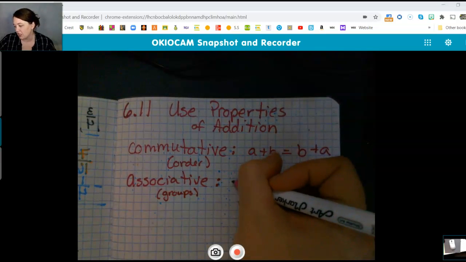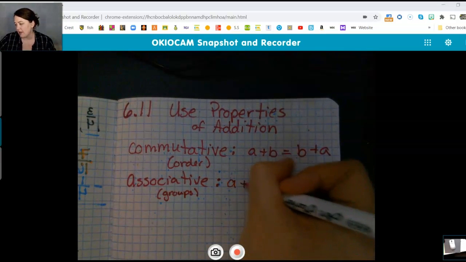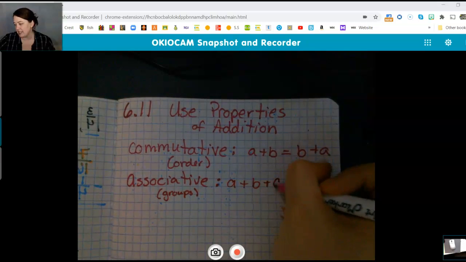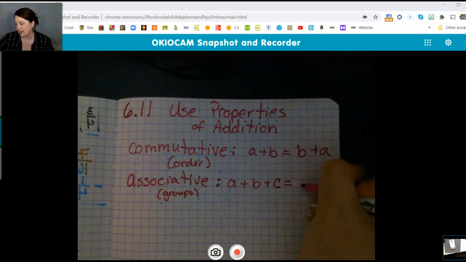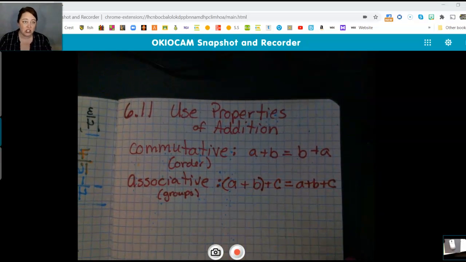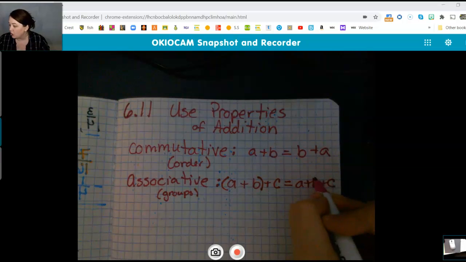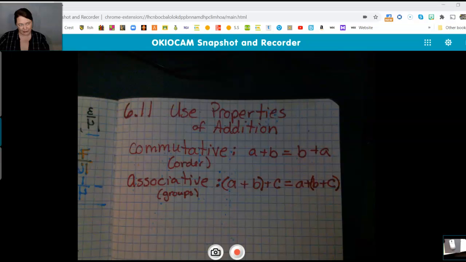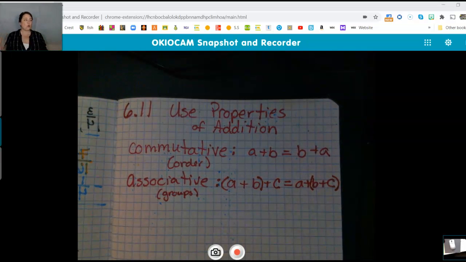In terms of letters, if I had A plus B plus C, that's the same thing as A plus B plus C, but I might choose to add these two numbers first, or I could add these two numbers first. Why, mathematicians? Why is that important? It really, really is.